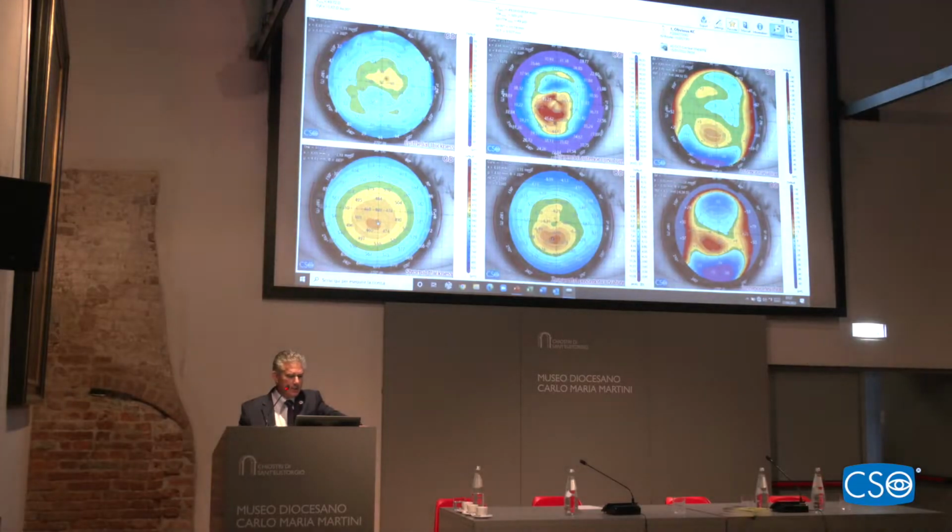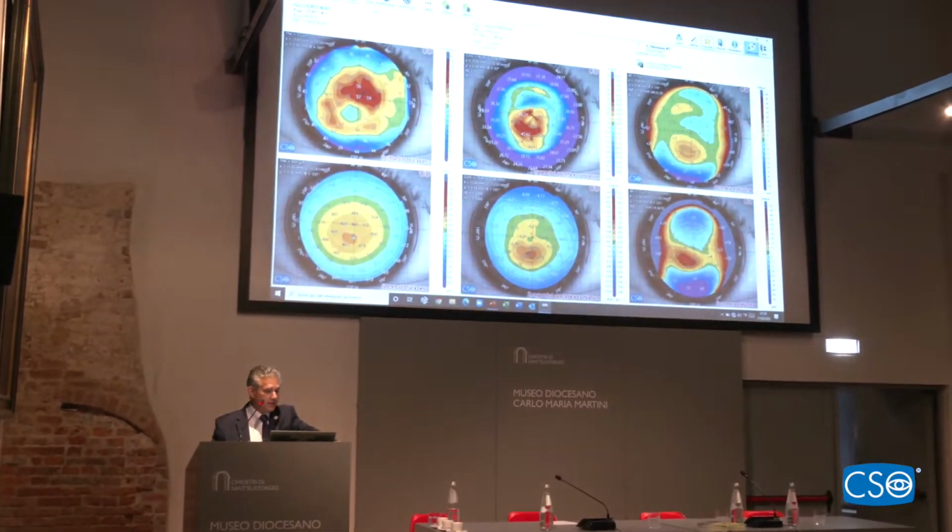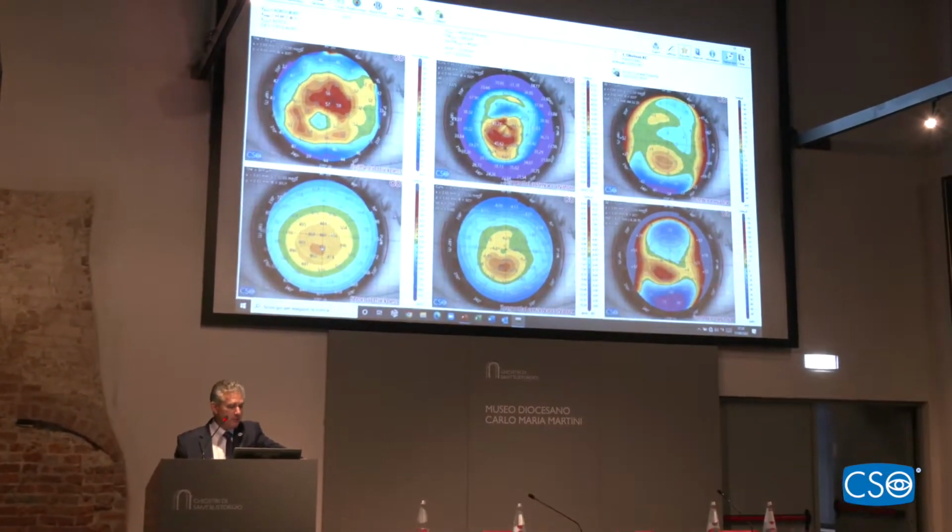Okay, here you're seeing inferior steepening on the tangential map, and you're seeing that the epithelium looks thinner in the region of the inferior steepening. Now, you can right mouse click here and normalize the color scale. So this exaggerates the scale from the top to the bottom of the map.